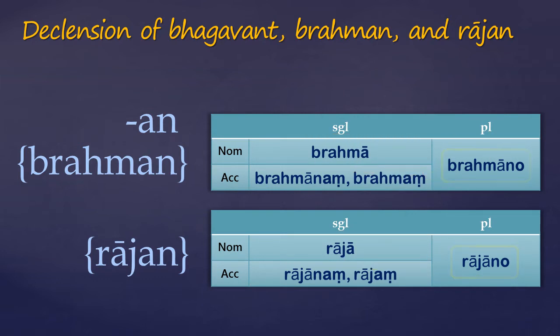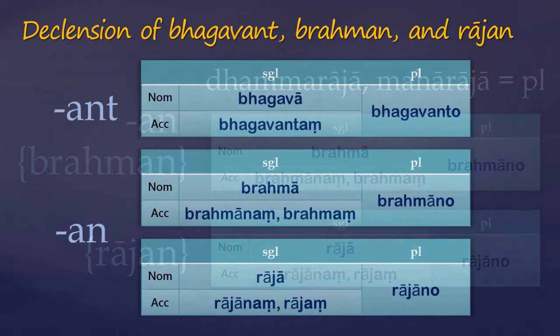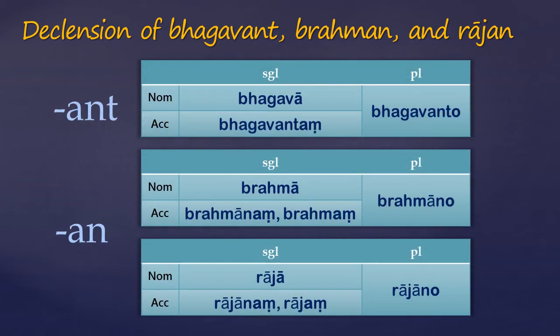But it's worth pointing out here that these declensional endings apply if the noun is used by itself in a sentence, but when they form the last part of a compound word, which we'll look at in a later lesson, the compounds actually follow the declension of normal masculine a-stem nouns like loka. So just bear this in mind that even though Warder here presents them together and they look superficially similar, they're actually from different declension groups.